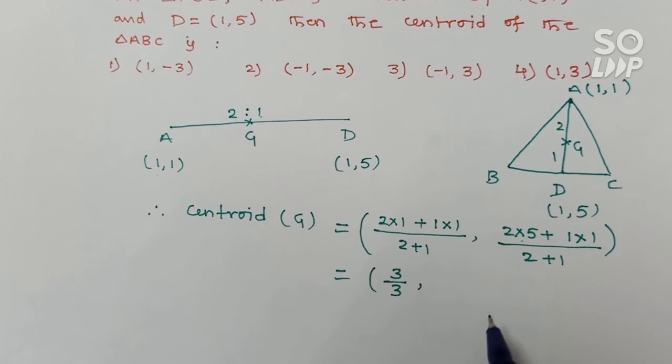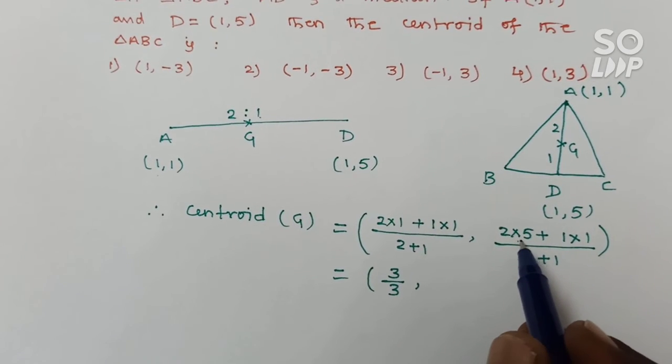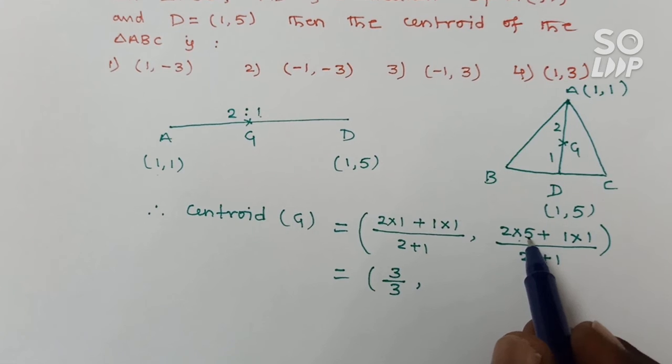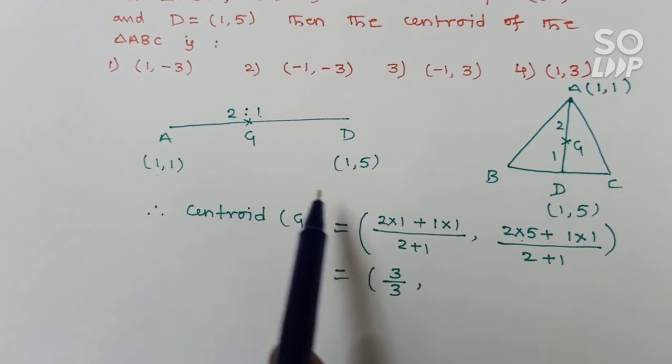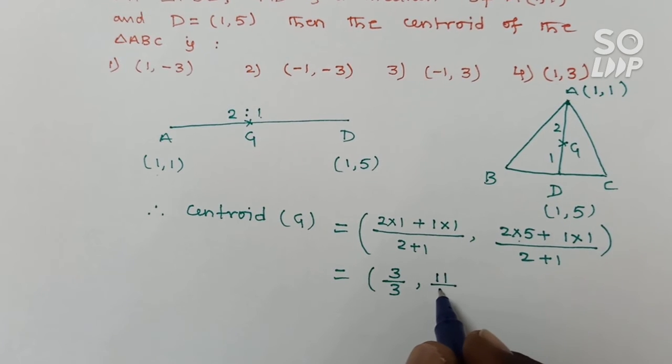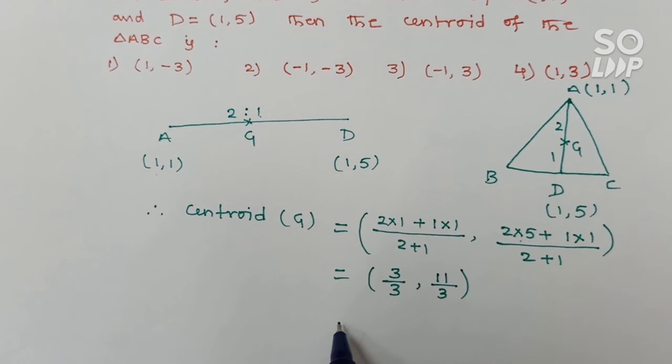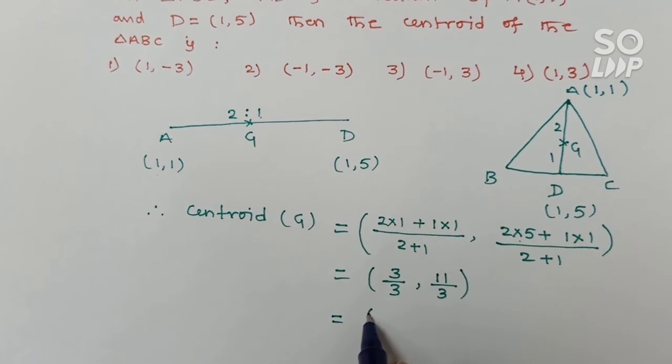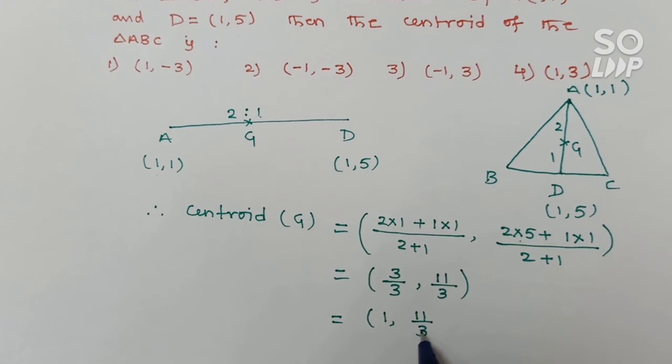Okay, here 5 2s are 10, 10 plus 1 is 11, so 11 by 3. So your answer will be equal to 1 comma 11 by 3. This is the centroid.